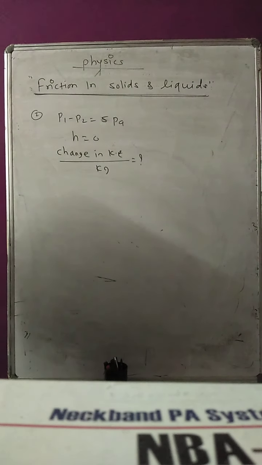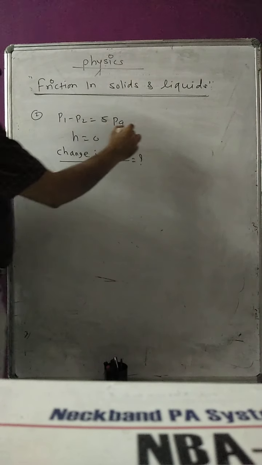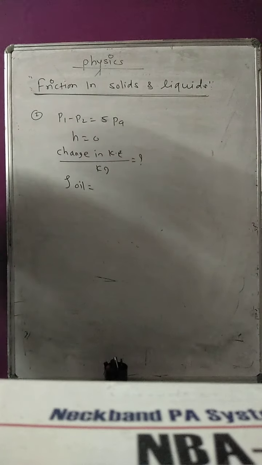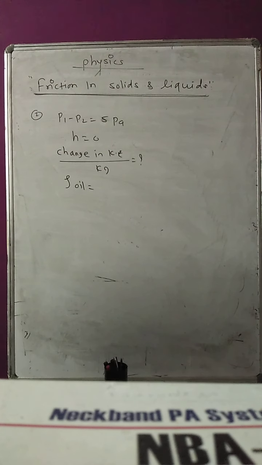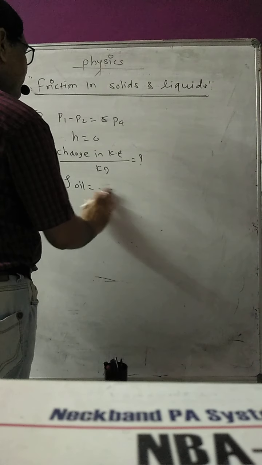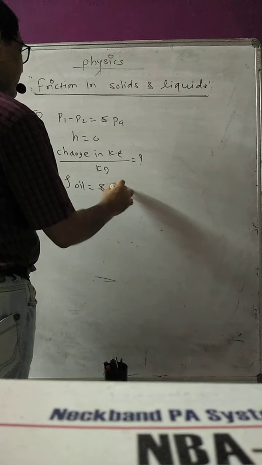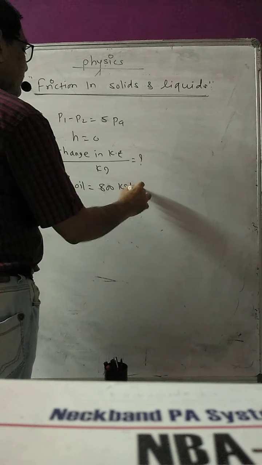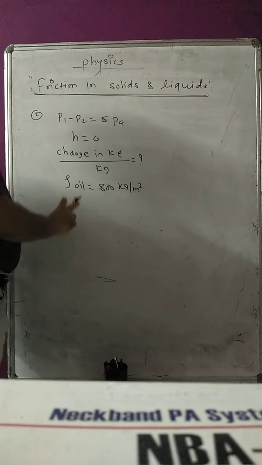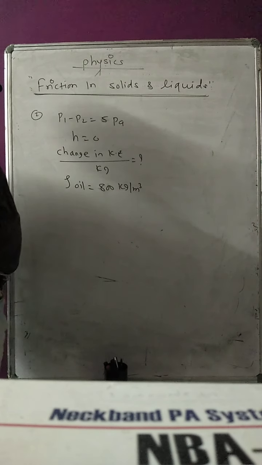And the density of the oil he has given to you: 800 kg per meter cube. First of all write down that number, 800 kg per meter cube. That is the density of oil, and you want to find out the change in kinetic energy.